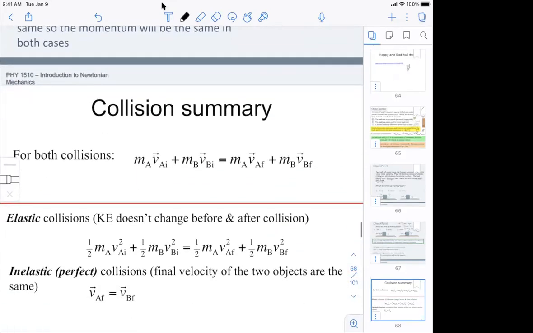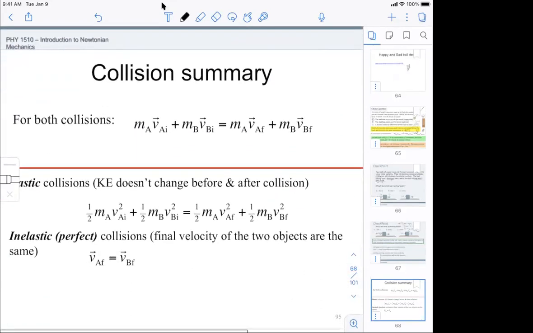Let's sum up what we have talked about so far. For any kind of collision, both elastic and inelastic, you're going to use conservation of momentum: momentum initial equals momentum final. If the collision involves two bodies, A and B, then the initial has the momentum of one plus the momentum of the other.